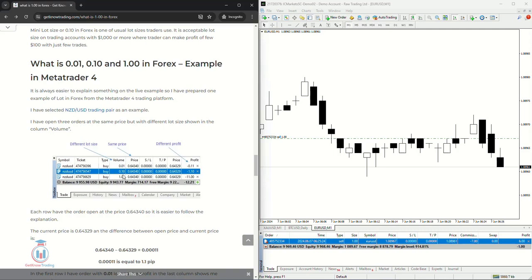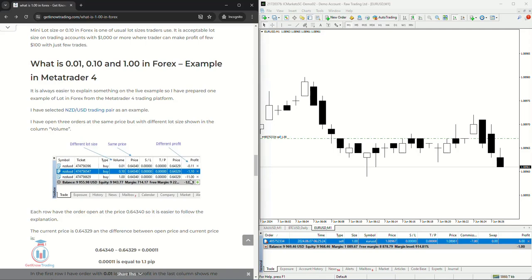Now you can see here I have opened volume 0.01, which is a micro lot. Then we have micro lot, mini lot, and one standard lot. So here, where is 1.0, whenever the price changes by 1 pip, you will make $10.